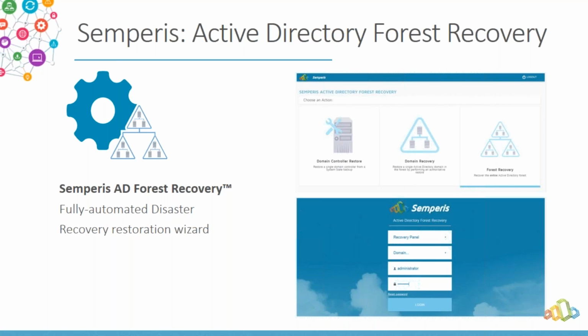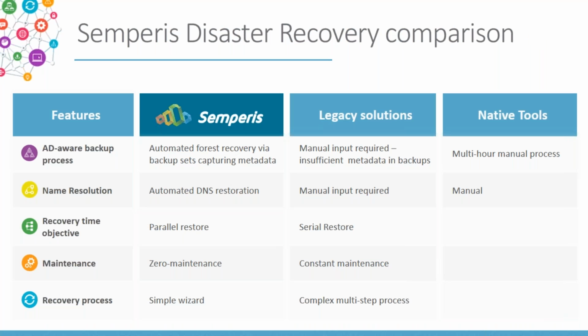If you're used to the native way, which is the Microsoft 87-page white paper that takes you through a lot of manual steps and manual prep that could take hours or days depending on the size of your environment, we've basically automated that process to make it as quick and efficient as possible without the need for any manual intervention. So that's the forest recovery. Let me dive into a demo now.